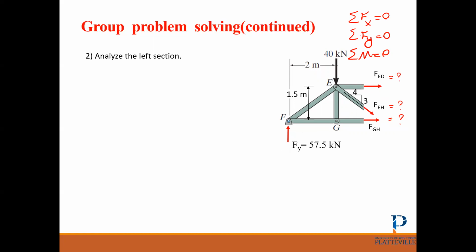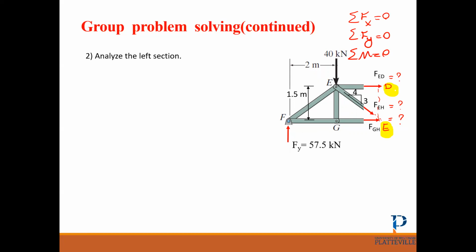About which point? This point is point E, and this point is point D. It's an imaginary cut, remember? All right. Which point is a good point to get the moment about?